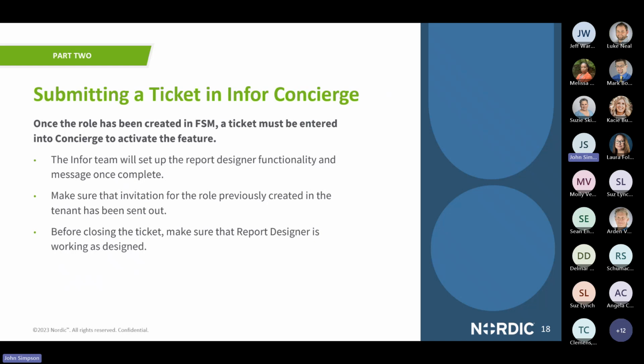Once they're complete, you'll get an email, in the normal ticketing process, that says, hey, it's complete, and you can go and test it. And then once you've tested it and made sure that it works, I would close the ticket. Maybe not until you can create a report and you get data. Once you can get that out of there, then maybe close the ticket. And that's it. Not much, it does not take much to set this up.